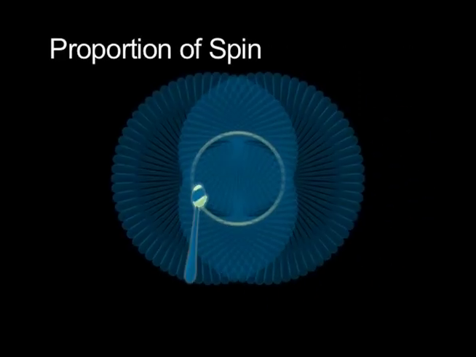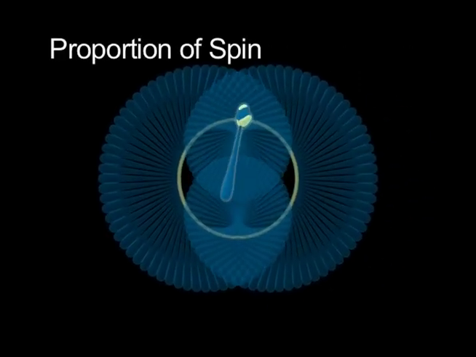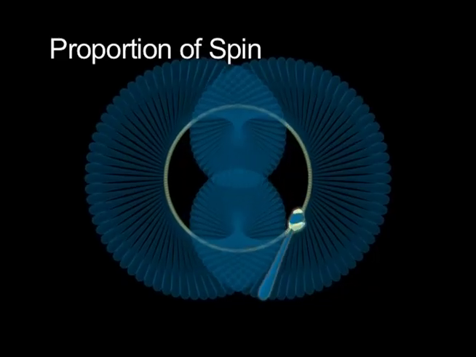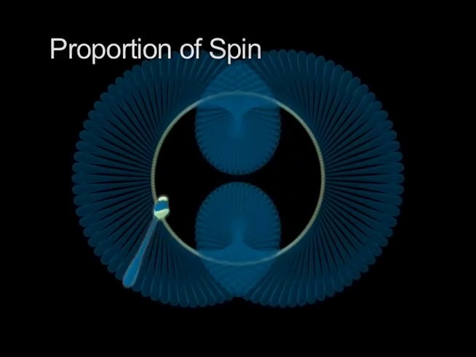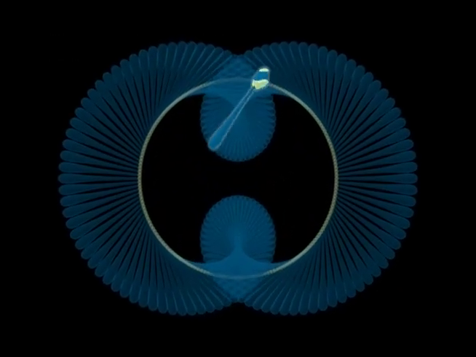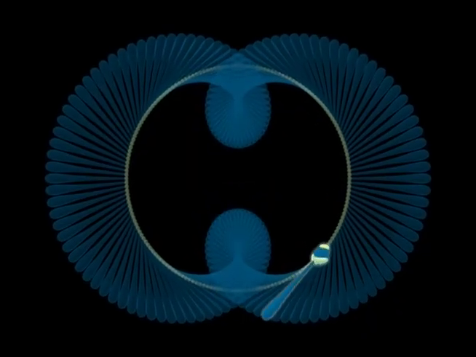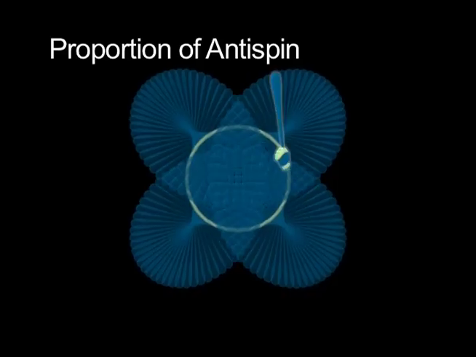By changing the proportion of spin and anti-spin patterns, we change the accentuation of the loops and arcs. Here you see spin on a small circle and the effect of tracing a larger circle. This is the same progression with anti-spin.